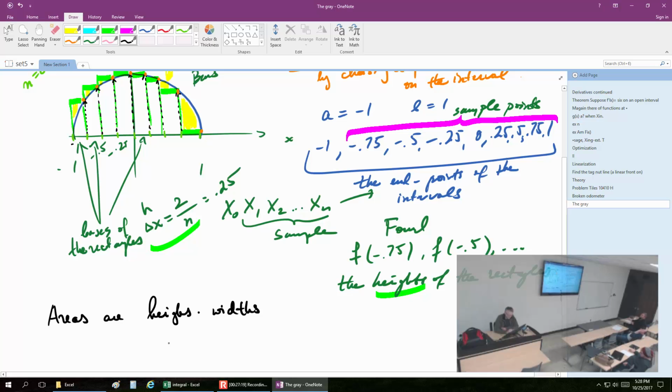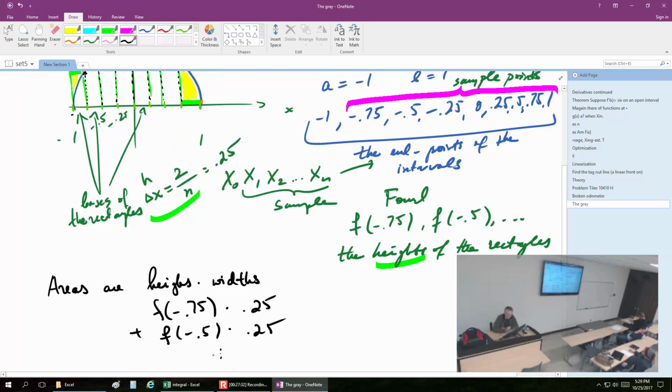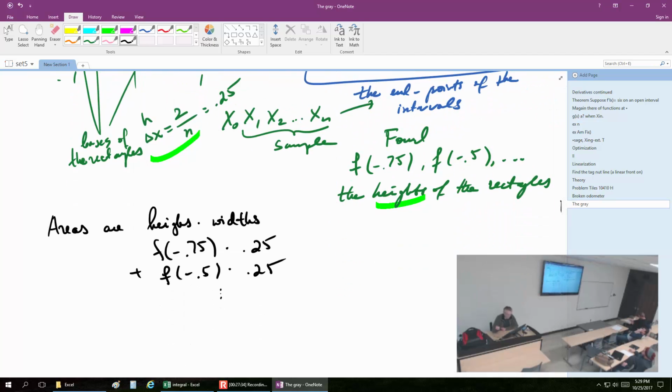So these will be negative 0.75 times 0.25, the first one, then f of negative 0.5 times 0.25, and so on. You don't want to do it by hand. That's the good thing about Excel. And then the last one is f of 1 times 0.25 again.